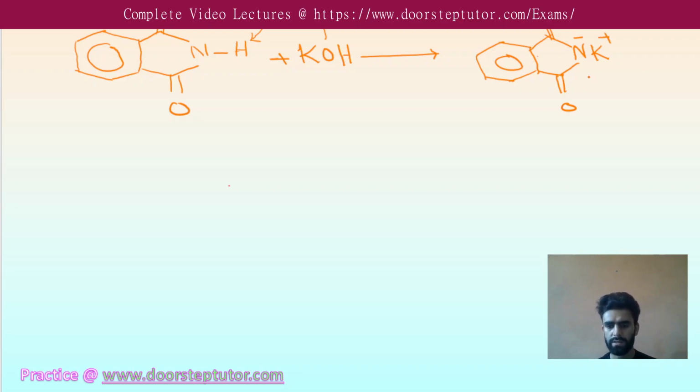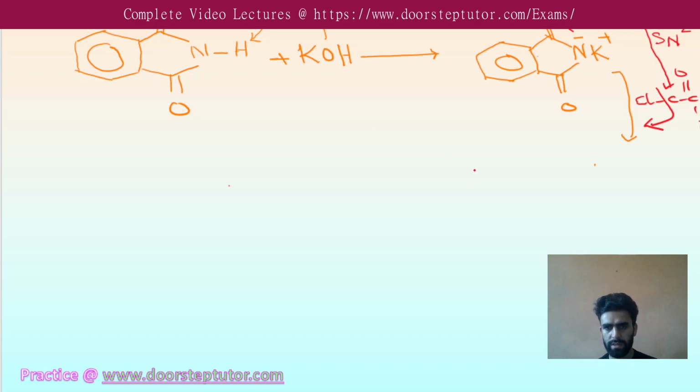Now in the next step, what happens? This is treated with Cl, let us write it down here: chlorine, C double bond O, and here we have the R dash species. What type of reaction happens? An SN2 type of reaction occurs, and this chlorine gets removed.